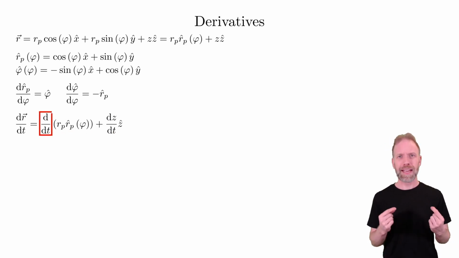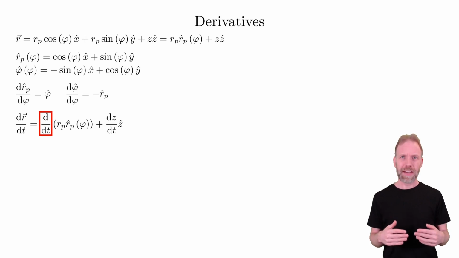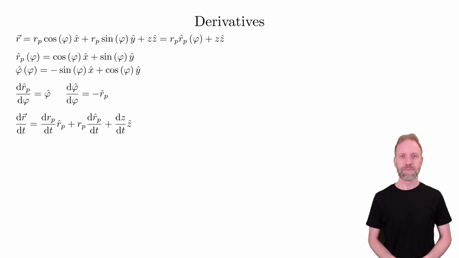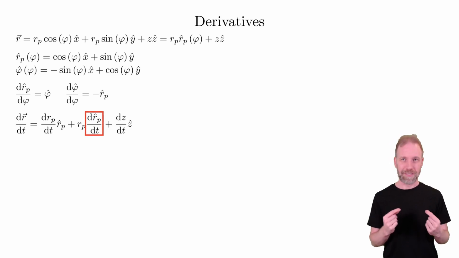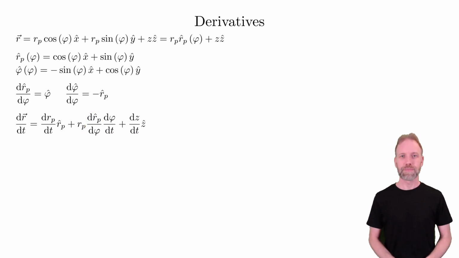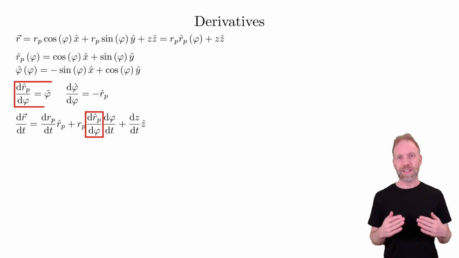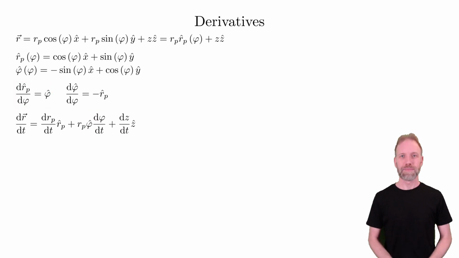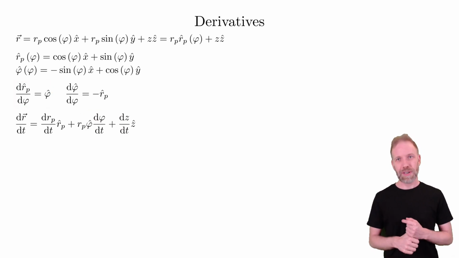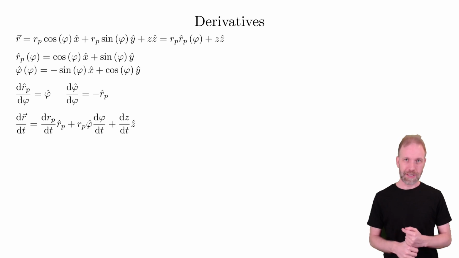As rho hat can vary with angle, we have to apply the product rule for differentiation here. Use the chain rule by multiplying and dividing with the d phi. And insert that d rho hat d phi is phi hat. This is the expression for the velocity of the object in cylindrical coordinates.